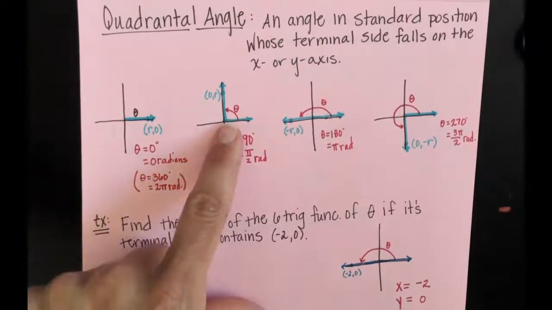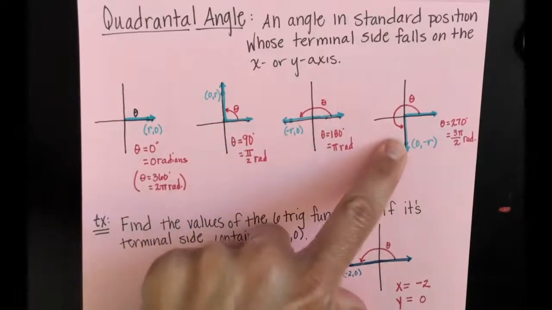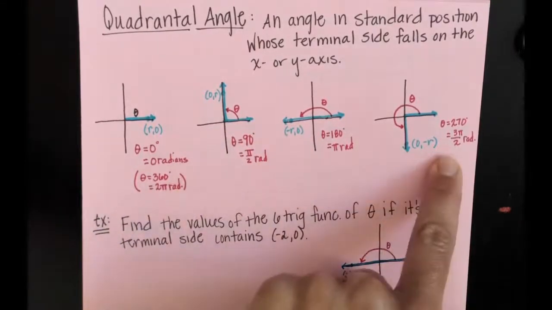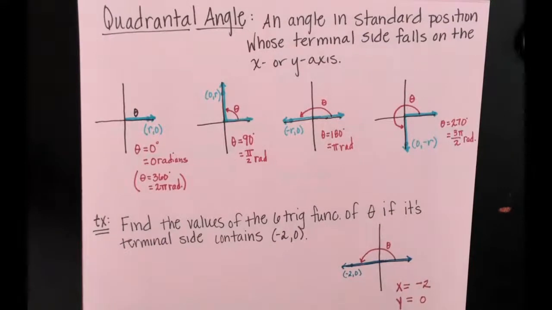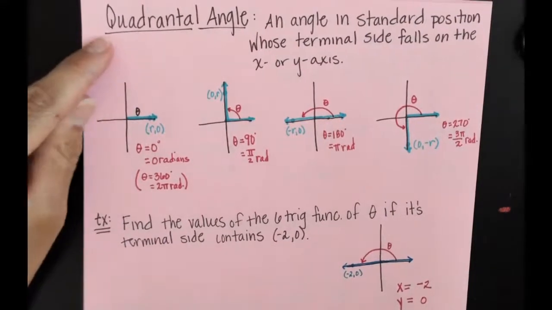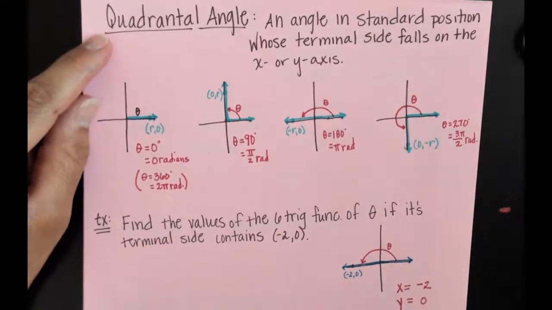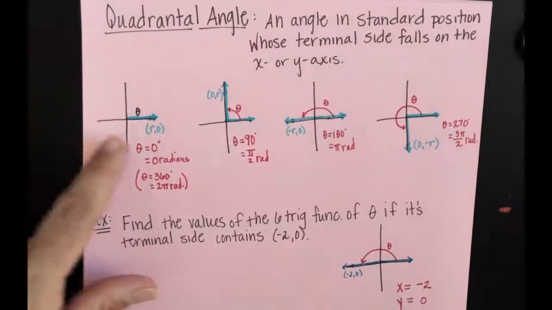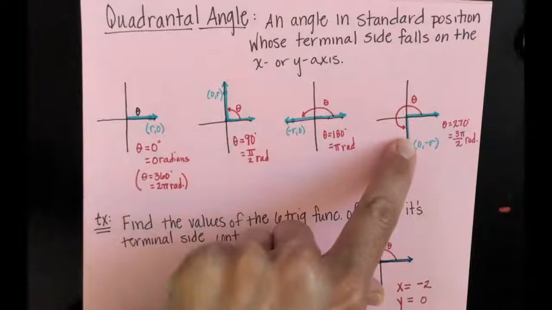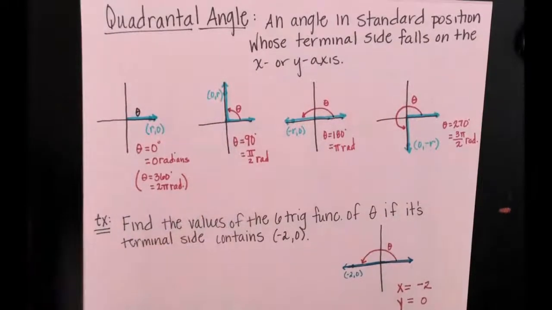We have our 90 degree, 180, and 270 that all kind of fall into those same categories where they line up on one of our axes. Those are called quadrantal angles. Kind of sounds silly, but where they actually fall on one of our axes.